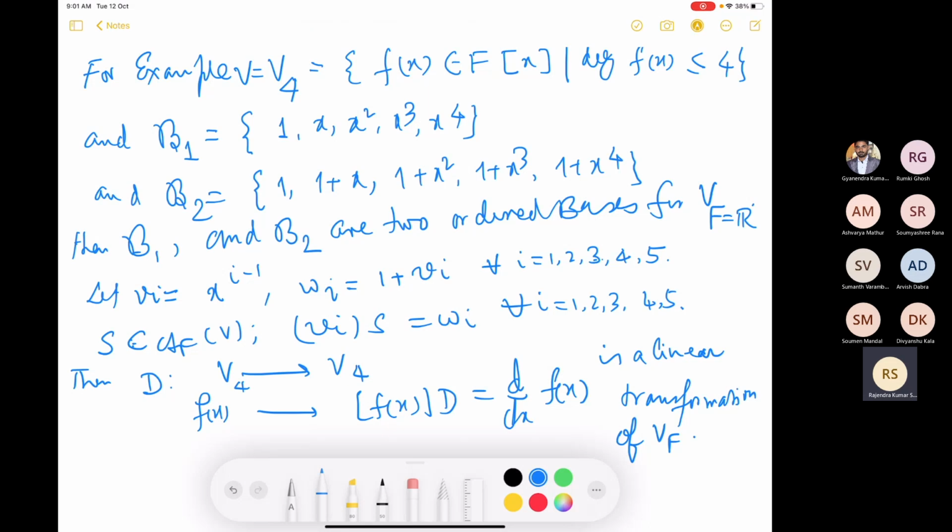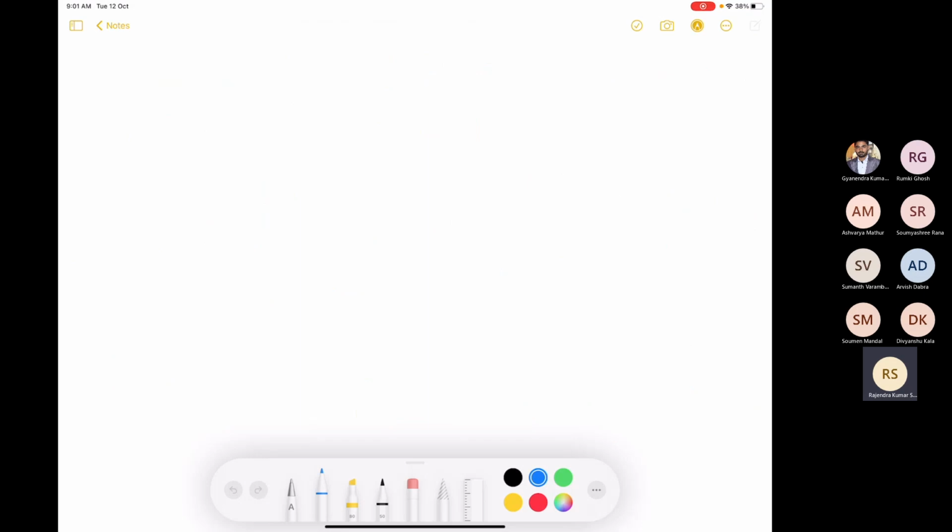So I will straight away write from what we had already proved that the matrix of D with respect to the ordered basis B1 is a matrix 5 by 5. So this is what it is: 0, 0, 0, 0, and 0.